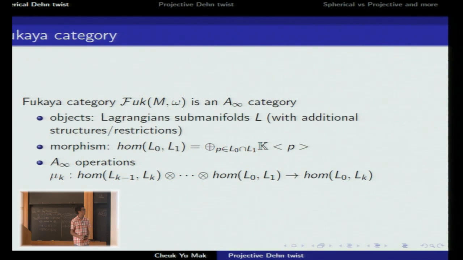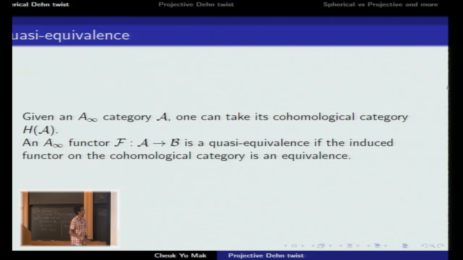For an equivalence relation on an A infinity category, one choice is a quasi-equivalence. As mentioned in the previous talk and in the next talk, mu1 is the differential and mu2 descends to composition on the cohomology level.